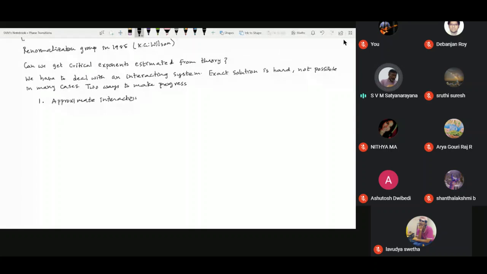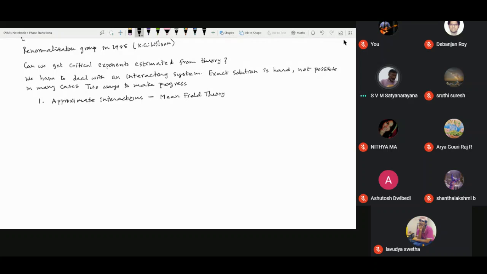And this particular method goes by the name mean field theories. Okay, so if you approximate your interactions in mean field theory, you can solve that exactly.